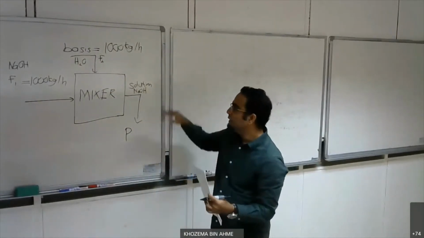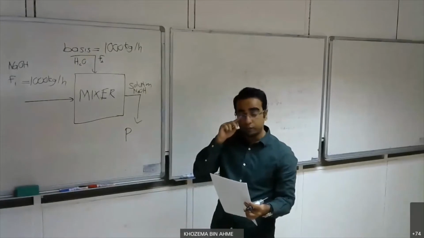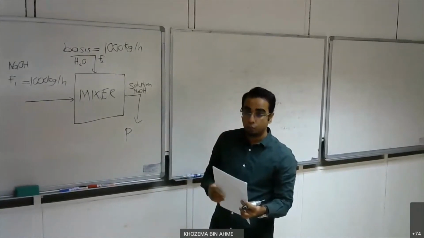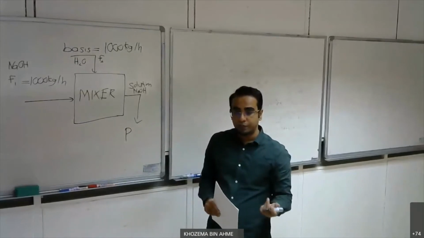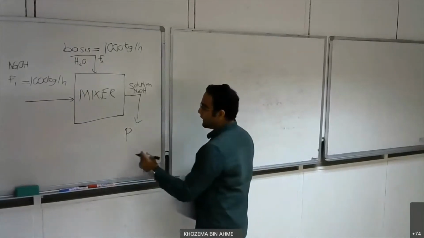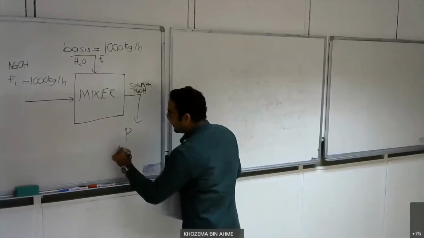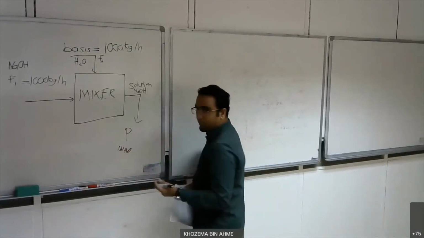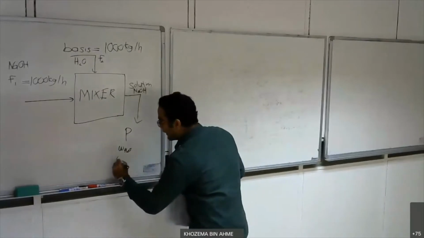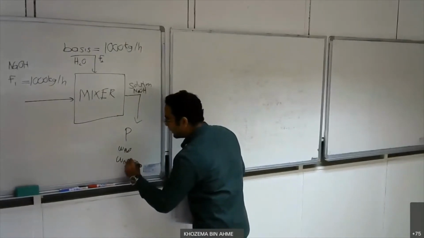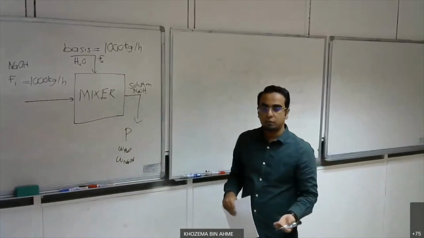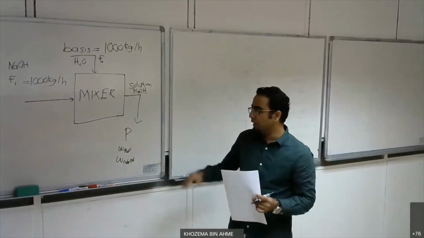But since this is a solution of NaOH, I know that there must be a composition of water and NaOH in terms of mass fraction. So I can write here under the P, my W, H2O, I don't know. And also I have W, NaOH. Okay, so these are the two mass fractions that I have.